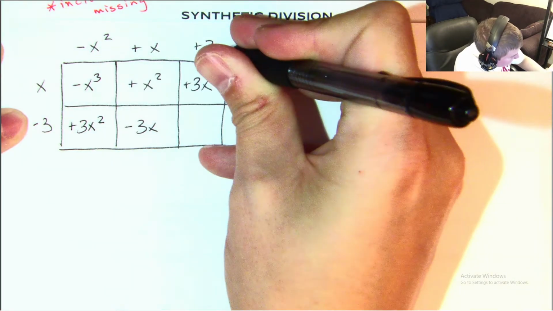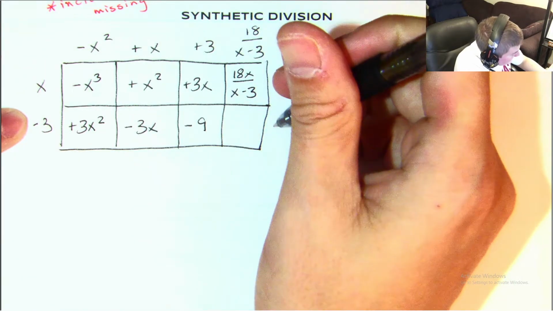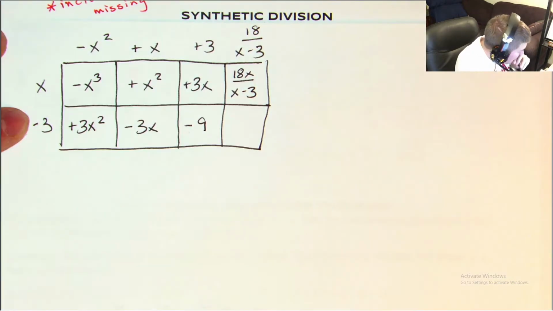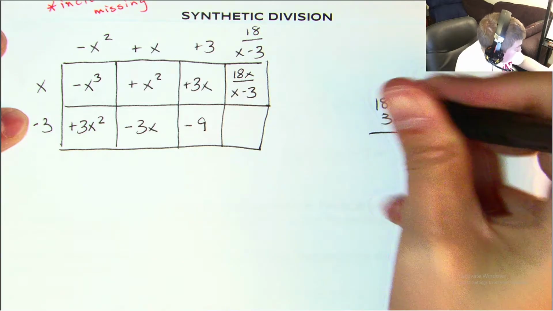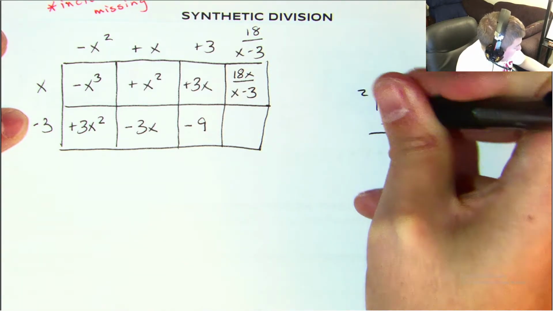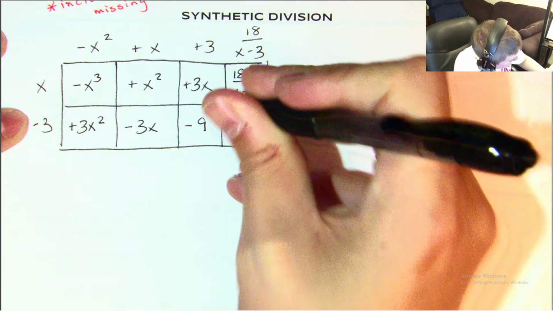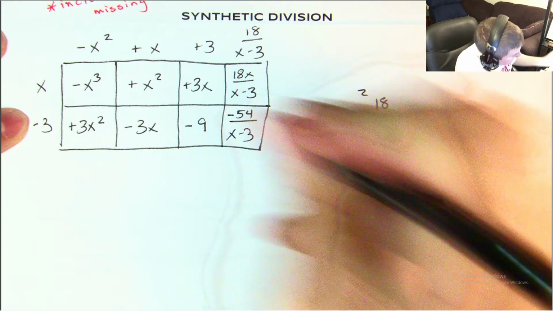Negative 3 times 3 is negative 9. Negative 3 times 18, I don't know what that is off the top of my head. 3 times 18 is 54. So this is negative 54 over x minus 3.